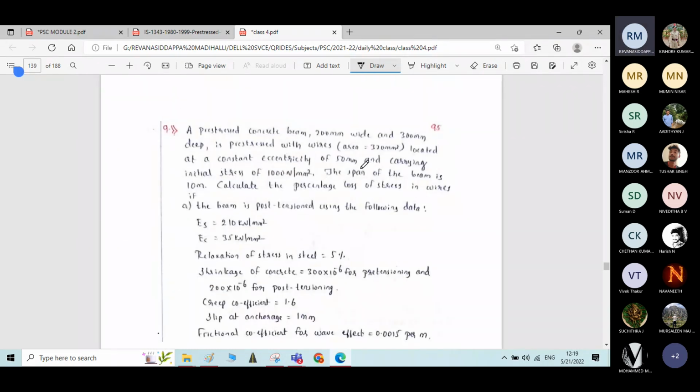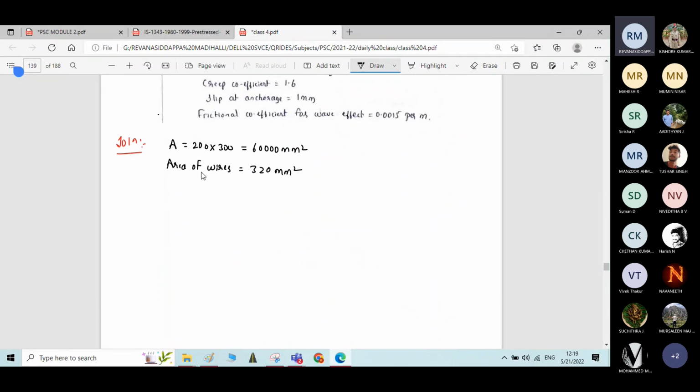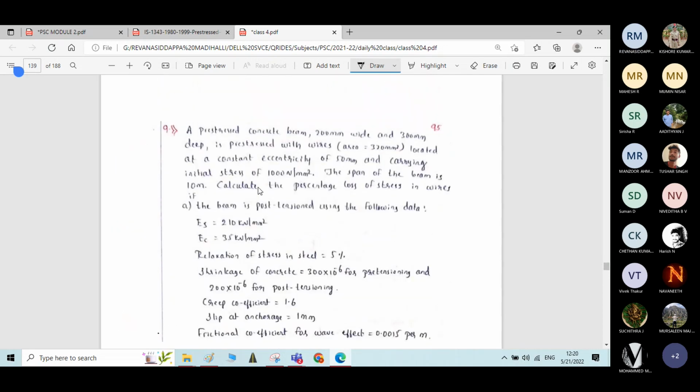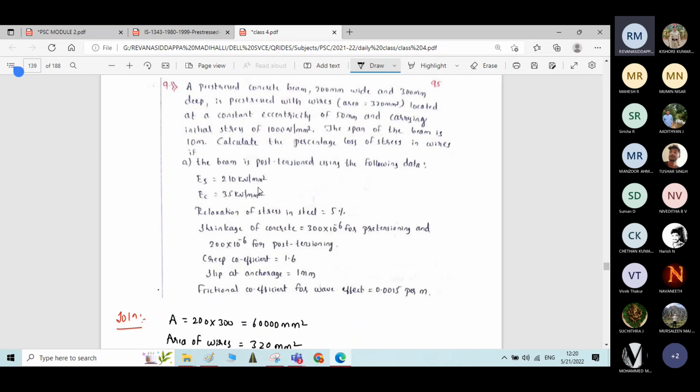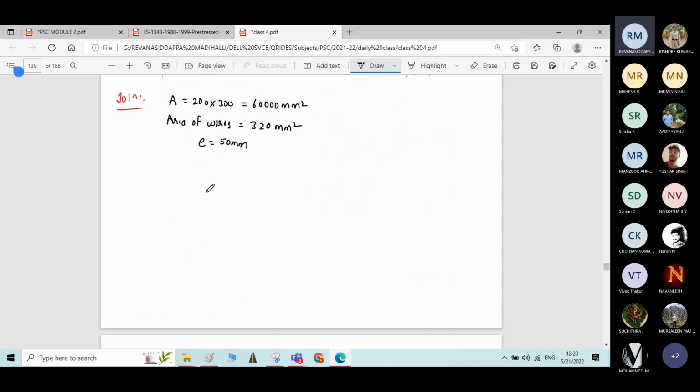The wires are located at a constant eccentricity of 50 mm. Eccentricity is given, e is equal to 50 mm, and carrying an initial stress of 1000 Newton per mm square. Initial stress P naught is equal to 1000 Newton per mm square.